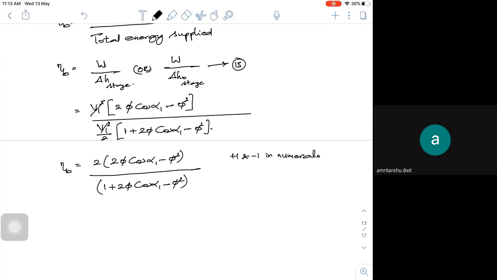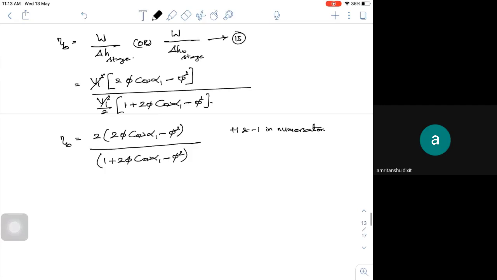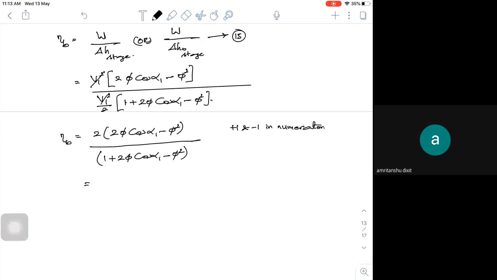So I take 2 into, inside it is 1 plus 2 phi cos alpha 1 minus phi square, minus 1 plus 1 minus 1, and in the denominator 1 plus 2 phi cos alpha 1 minus phi square.